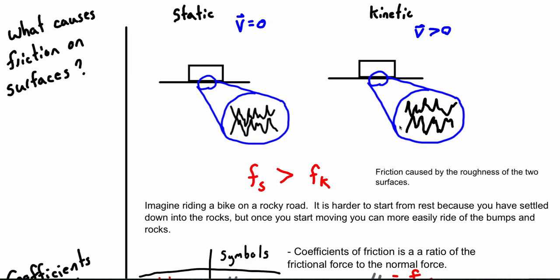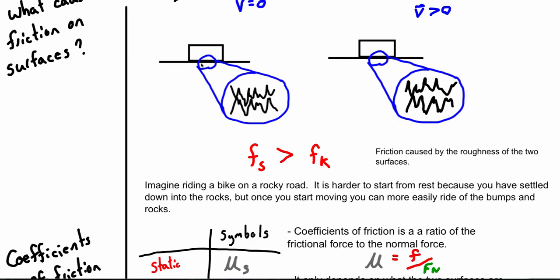The analogy is riding a bike on a rocky road: it's harder to start pedaling from rest because you've settled down into the rocks. But once you start moving, you can more easily ride on the bumps and the rocks because you ride up above the surface and you're not going deep down into the slots. So the static frictional force is always going to be greater than the kinetic frictional force.